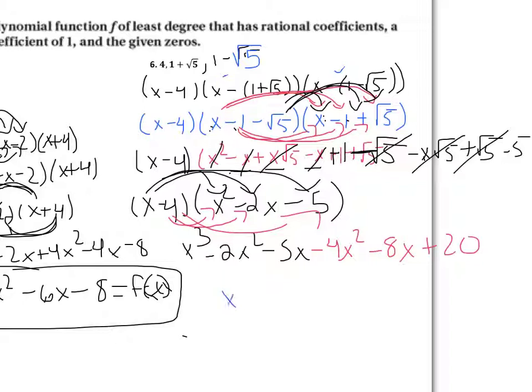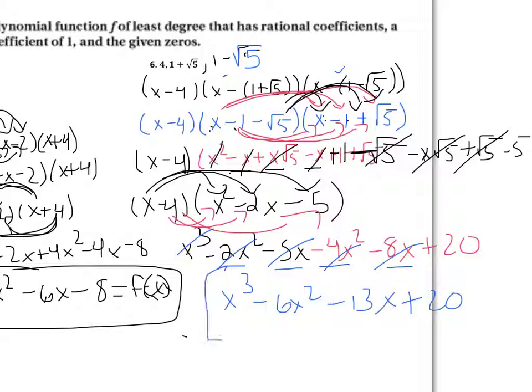So final answer, x to the third minus 6x squared minus 13x plus 20. Okay? So those ones, they're not tougher. You just got to make sure we're neat, and I was sloppy.